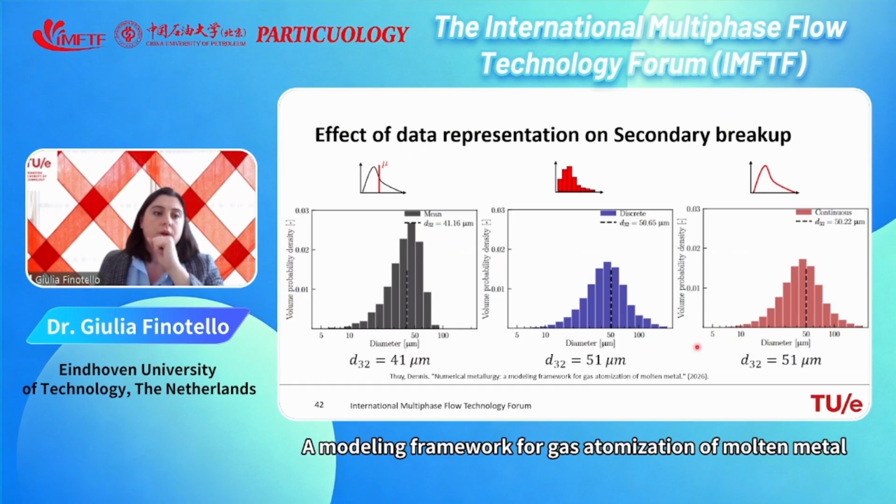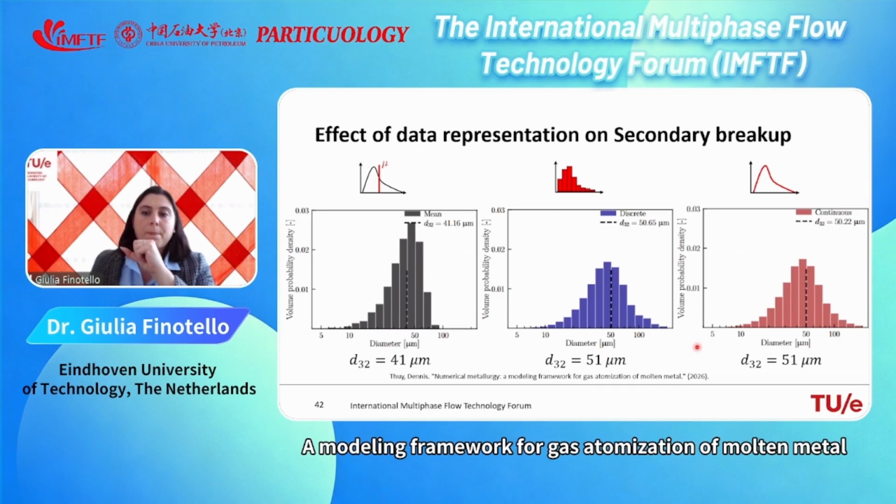And we also look at the Sauter mean diameter, and we see that for the discrete and the continuous method, we have a very similar Sauter mean diameter. So with that, we understand that it is very important to account for polydispersity of the droplet properties after primary breakup.